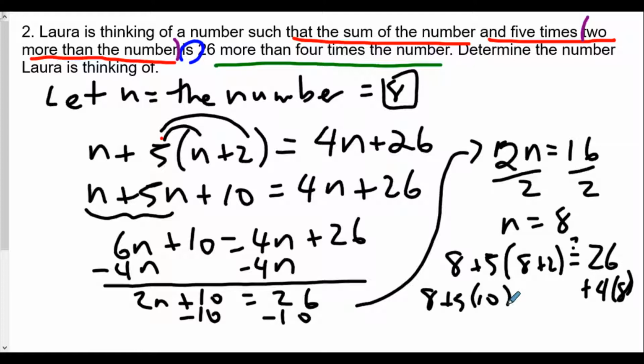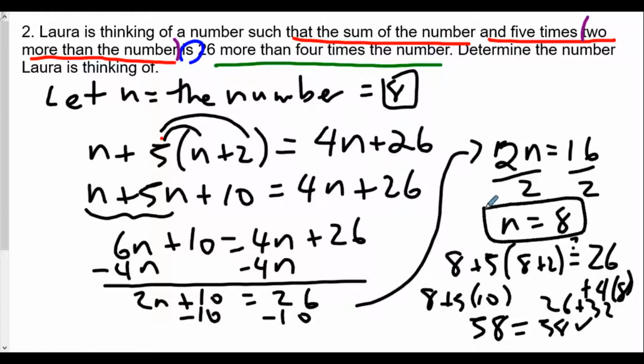That would give us a value of 58 on the left side. On the right side, we have 26 plus 32. That would give us 58, and so that works out just fine. So we find in this case the answer is 8. True, but the more important part is being able to come up with the equation more than anything else. So we have to break this down slowly.